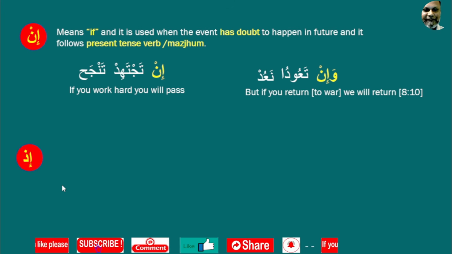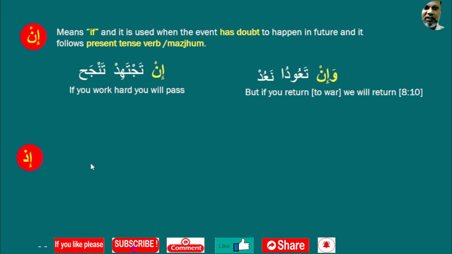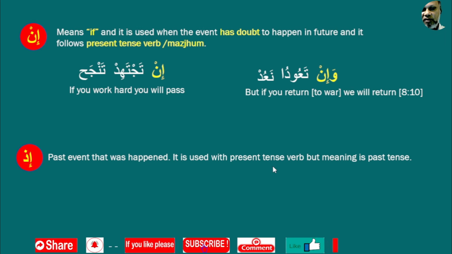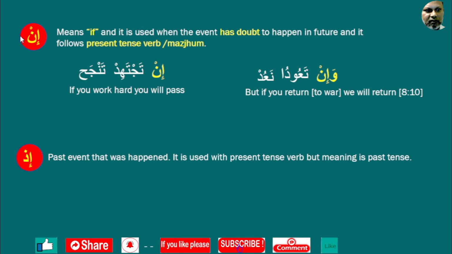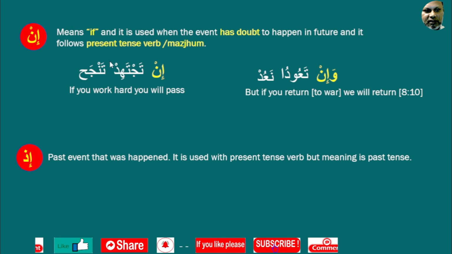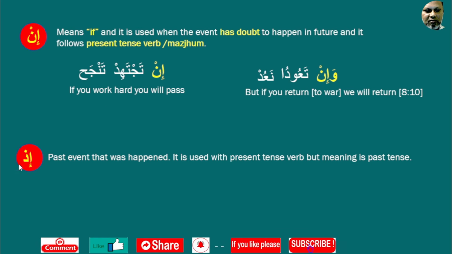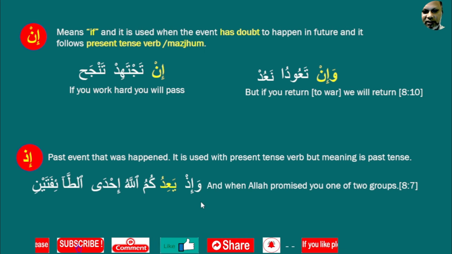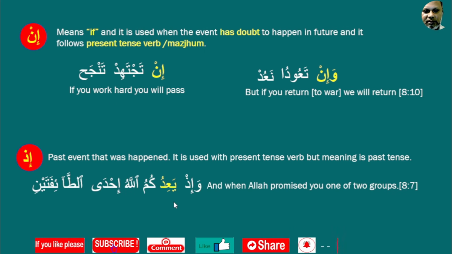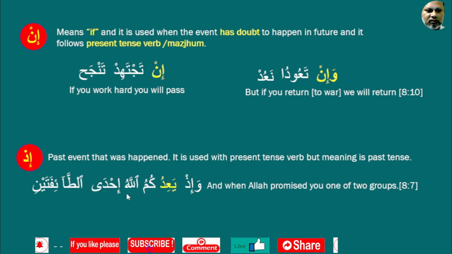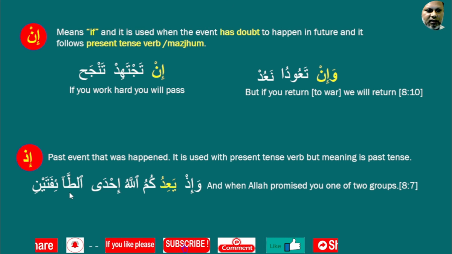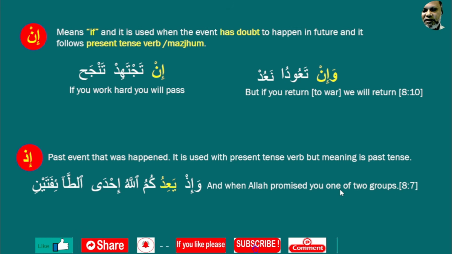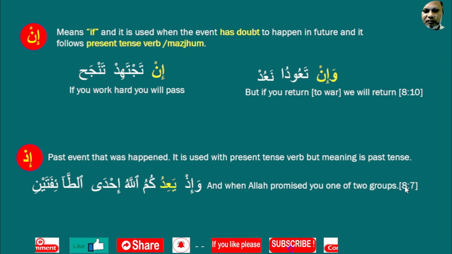And idh is used for a past event that already happened, but it follows the present tense verb. In follows a present tense verb with sukun on the last letter. But idh also follows the present tense verb, but without sukun on the last letter. Like wa idh yaidukumullahu ihda at-ta'ifatayni, and when Allah promised you one of two groups.